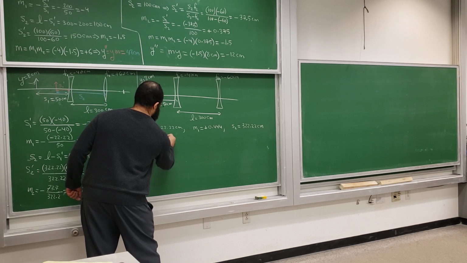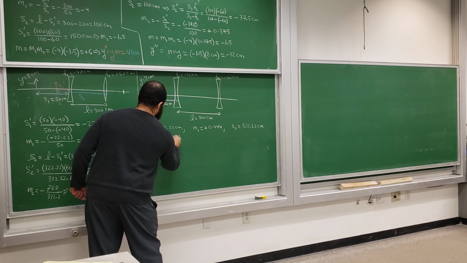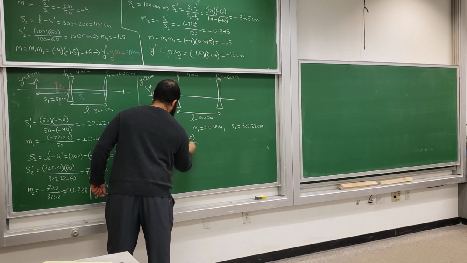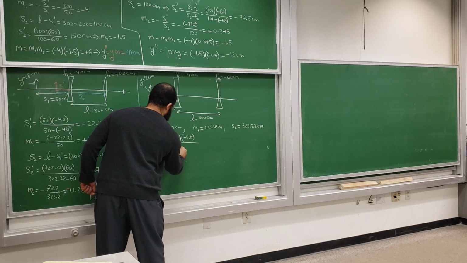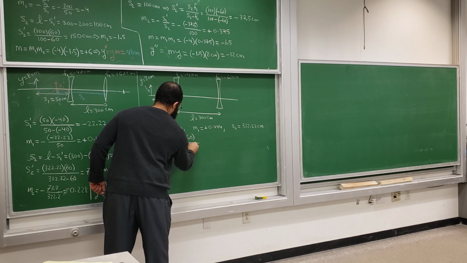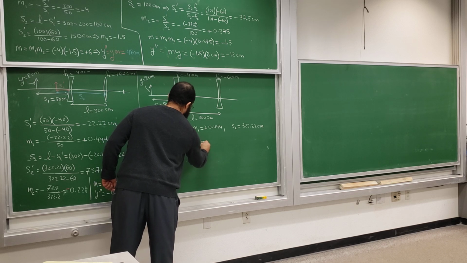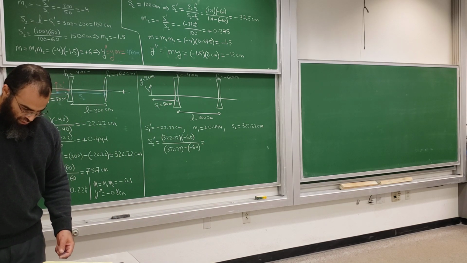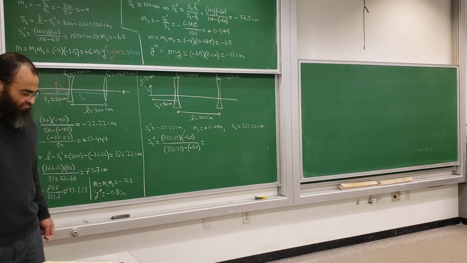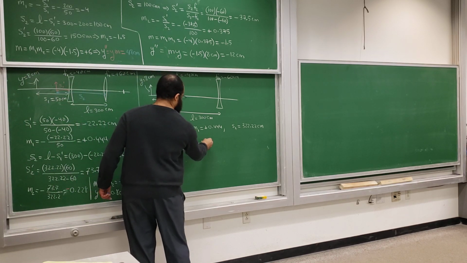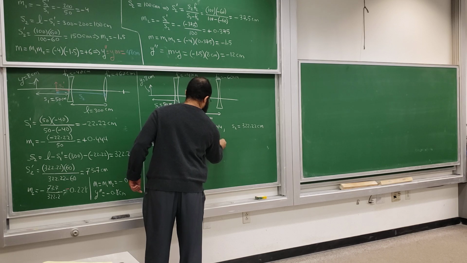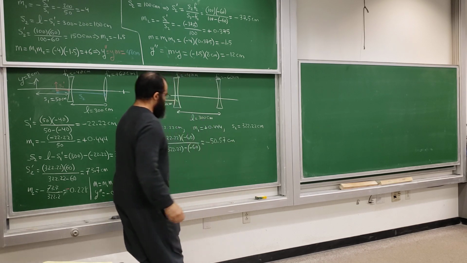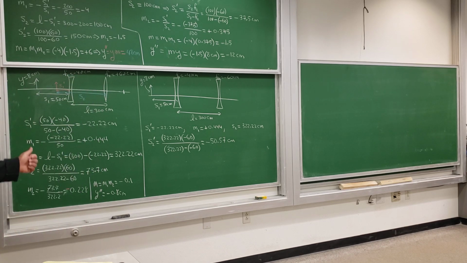S2 prime is 322.22 times F2, which is minus 60, over 322.22 minus 60. Okay, minus 50.57. You will help me, right? Make sure that that's correct.